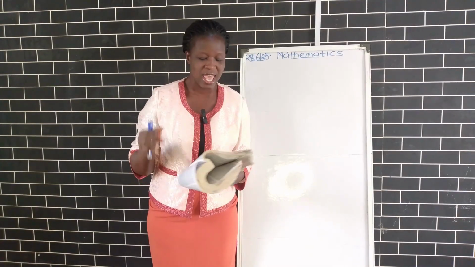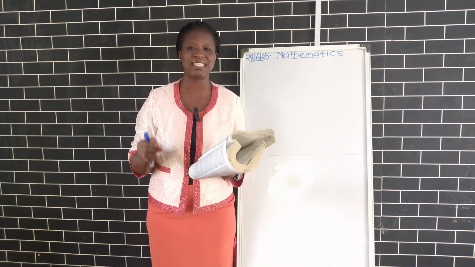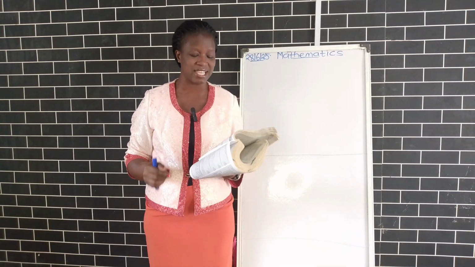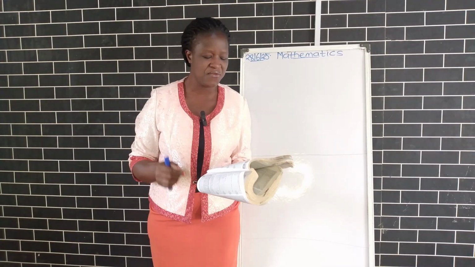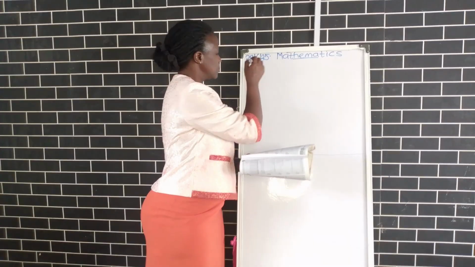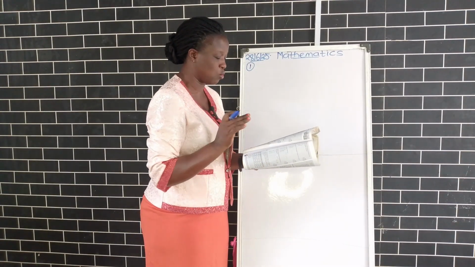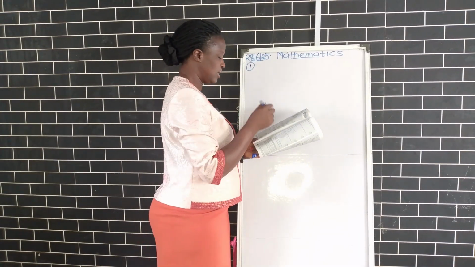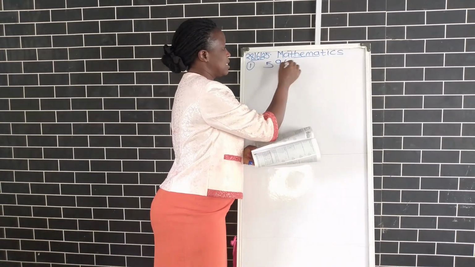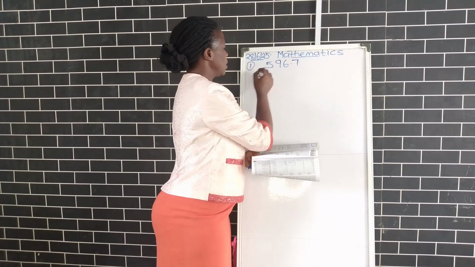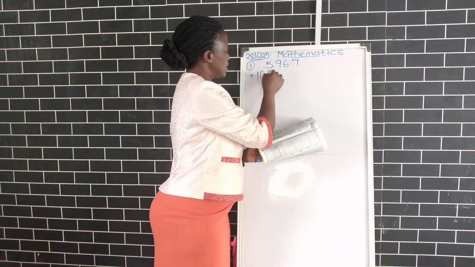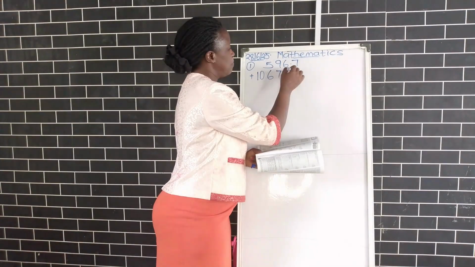Question number 1 says, evaluate 596.7 plus 10,679.0. Give your answer to 3 significant figures. Number 1, that is addition. The only question there is to put our answer in 3 significant figures. So we have 596.7 plus 10,679.0.